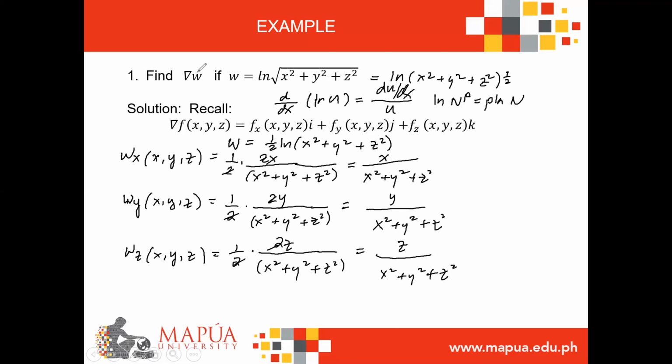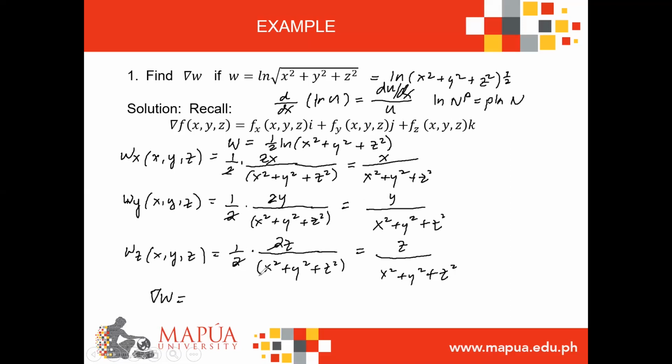To find del w, or the gradient of the function w, with the inverted delta symbol, we just collect the partial derivatives of the given function, then multiply by the i, j, k notation.